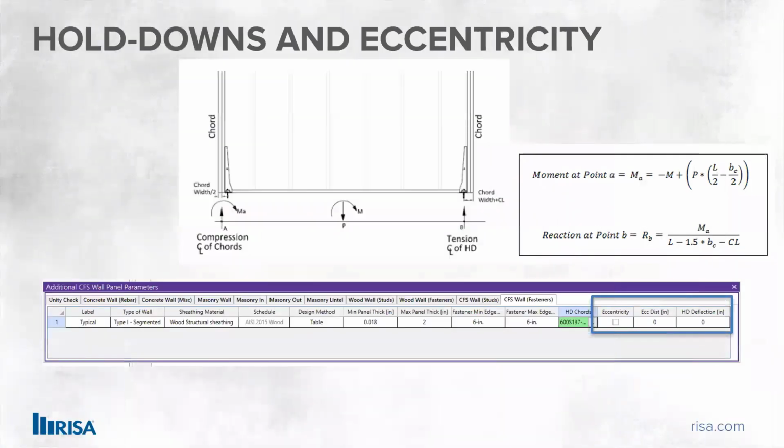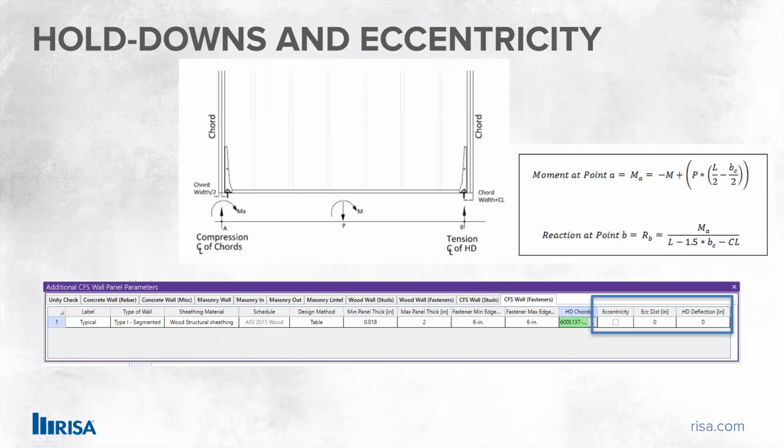So hold downs are something that the program is going to give you the force for. In the hold down here, we assume that the edge of the wall is going to be the center line of the chord. We recognize that may not be exactly where the hold down is. So you can adjust your hold down with eccentricity, basically pushing it in, based on if you had a back-to-back chord or a tube shape, though a tube would probably be okay.